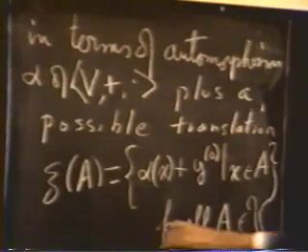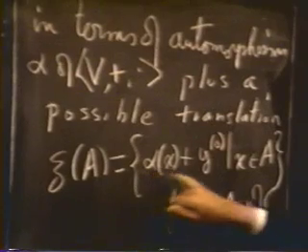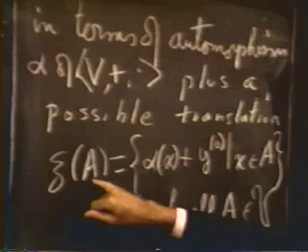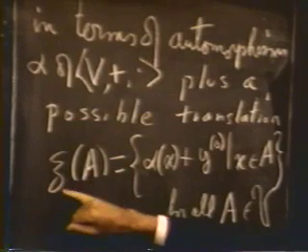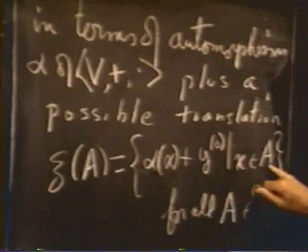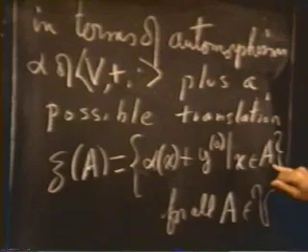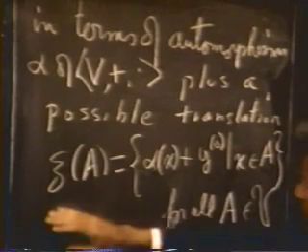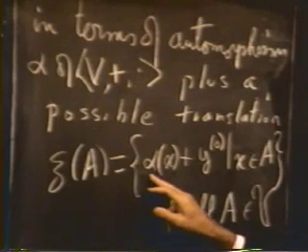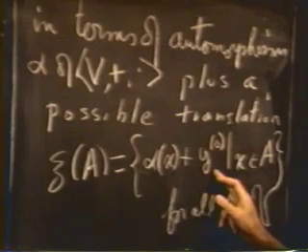In particular, we can show that there exists an alpha, that is an automorphism alpha, and a vector y0 such that for every variety A, C sub A is equal to alpha x plus y0, where x is a point, a vector in A. So that gives us a beautiful characterization of an affinity C just in terms of such an automorphism and such a possible translation.